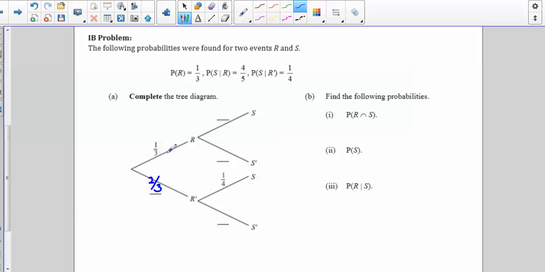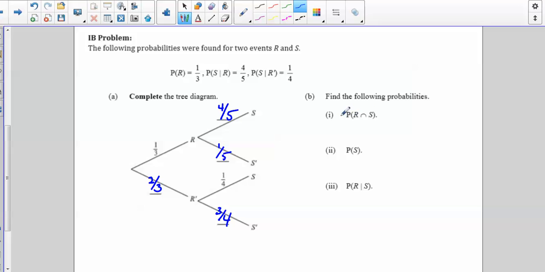Then if R happens, you can have either S or not S. And they told us that S given R is 4/5. So that's this one here. This is S given that R has happened. And since these two events have to add up to 1, that makes this one 1/5. And they tell us S given not R is 1/4. That's right here. And so we know that this one right here has to be 3/4.